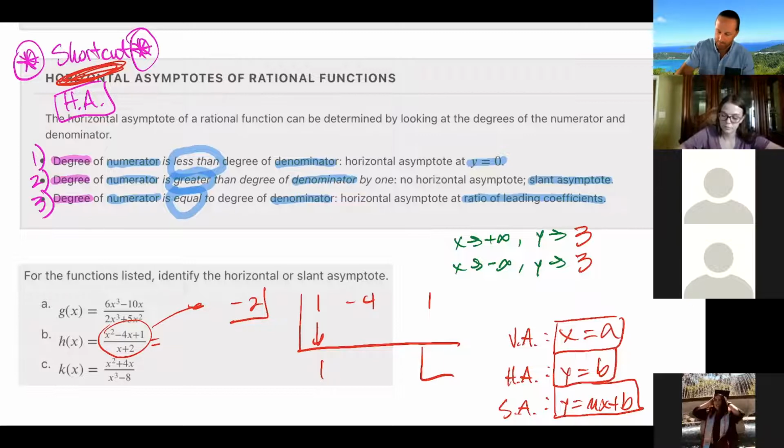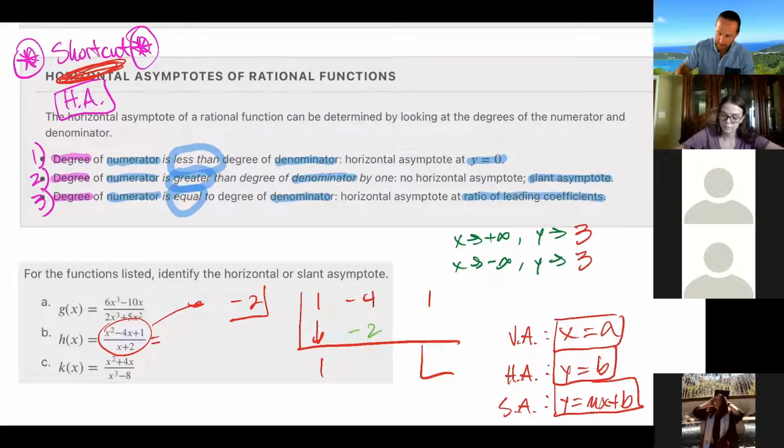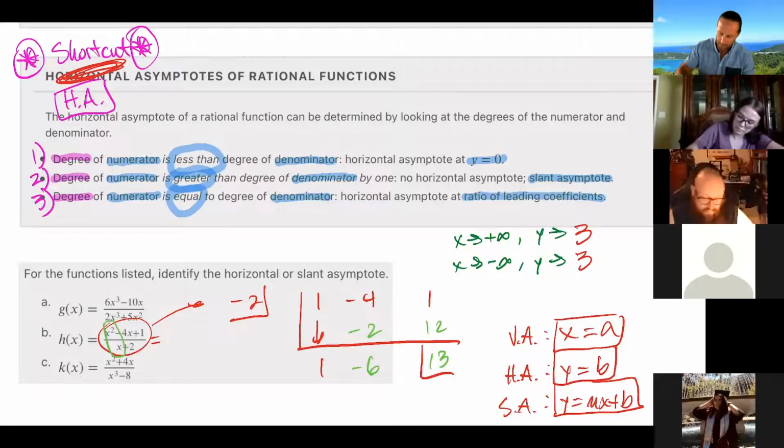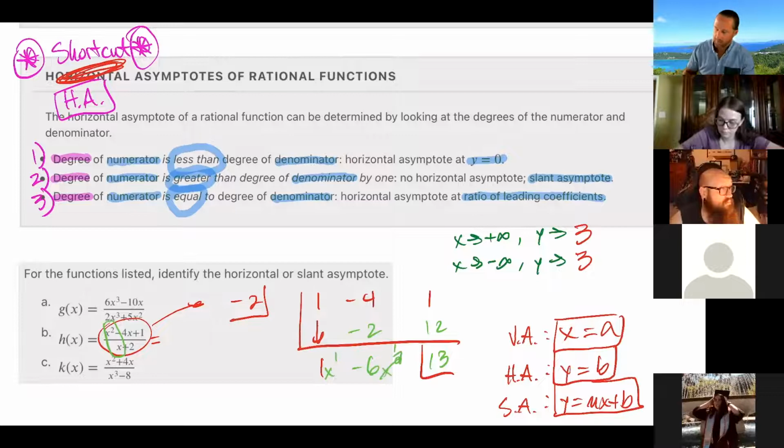We go to work. Multiply, add, multiply, add. And remember, because it was x squared over an x, we're now going to have an x to the first and then no x's there. So this would be equivalent to x minus 6.